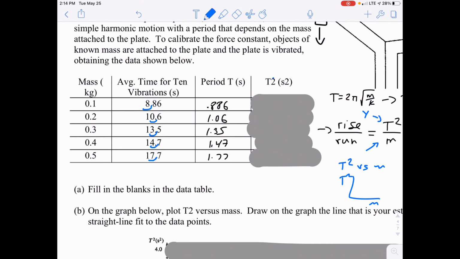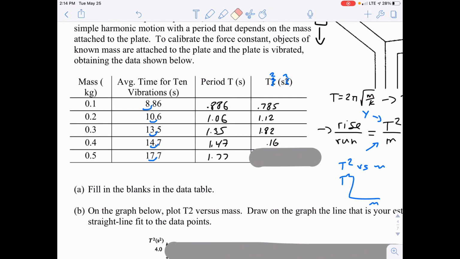This is supposed to be T squared in seconds squared. So 0.886 squared is 0.785. 1.06 squared is 1.12. 1.35 squared is 1.82. 1.47 squared is 2.16. 1.77 squared is 3.13.